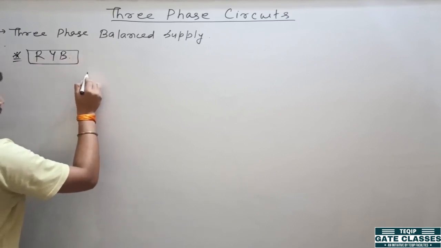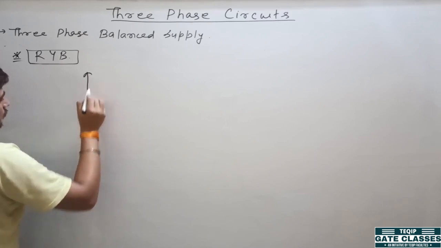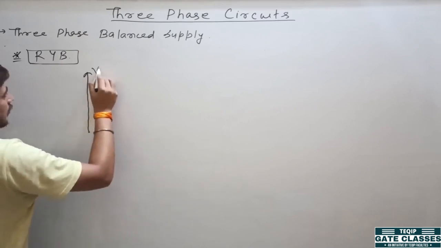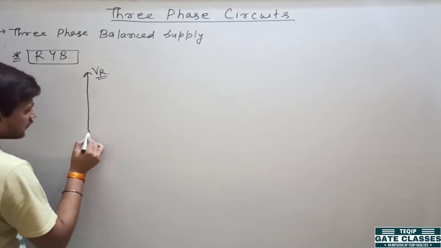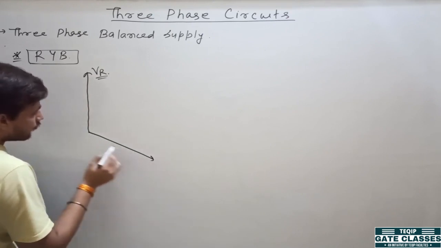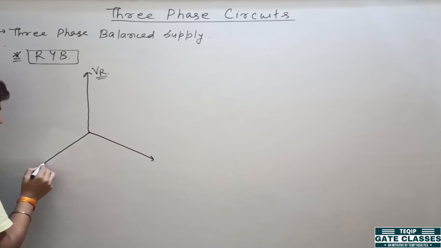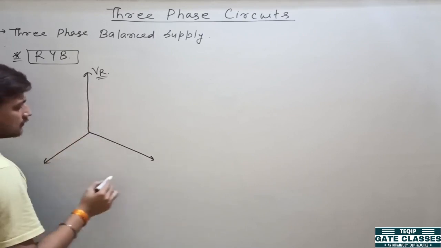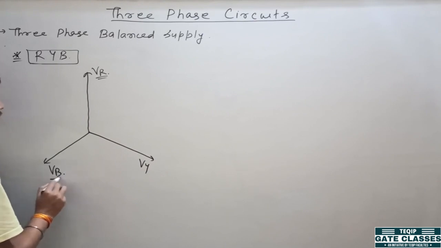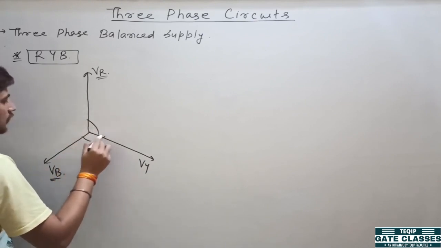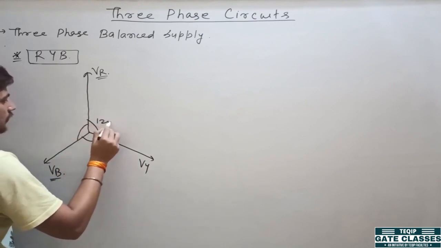Let us take the voltage VR. This is called phase voltage. Now you will see that two more vectors are 120 degrees apart from this vector. So this is VY, this is VB. Clear? You will see these three are 120 degrees apart from each other.